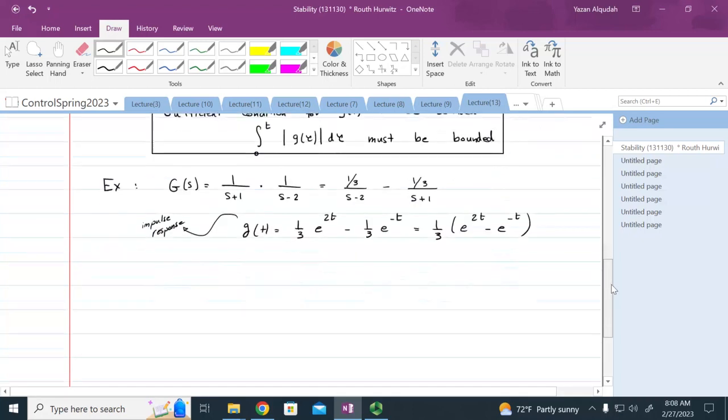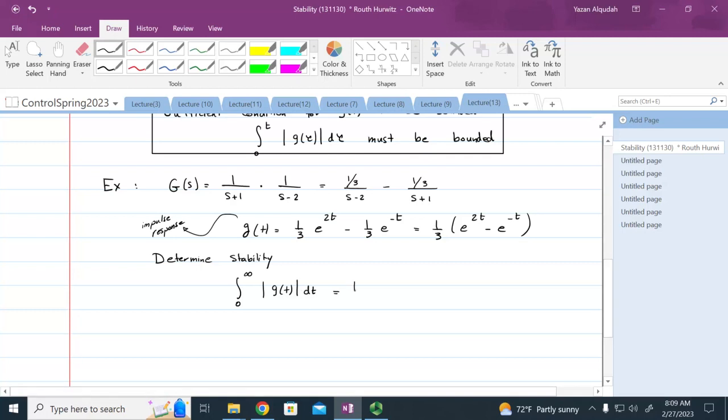So if I want to determine whether this system is stable or not, what do I have to do? I'm going to have to apply this rule, integrate from 0 to infinity of the absolute value of g of t dt, and see if I get a finite value or not.